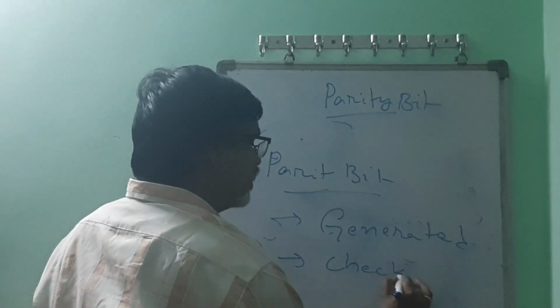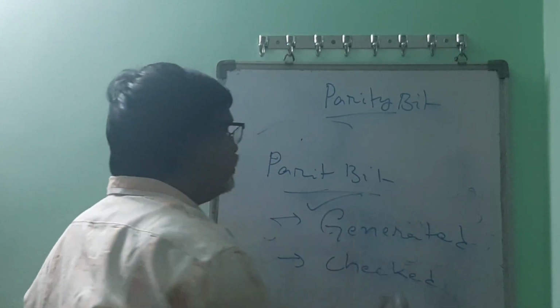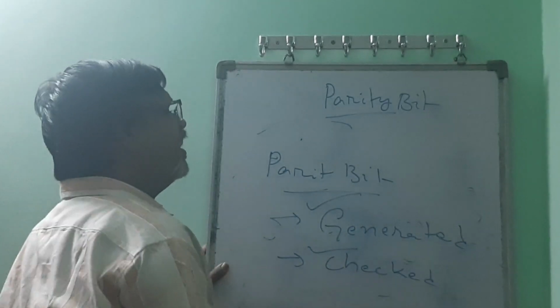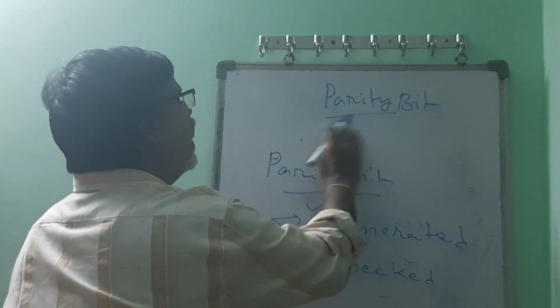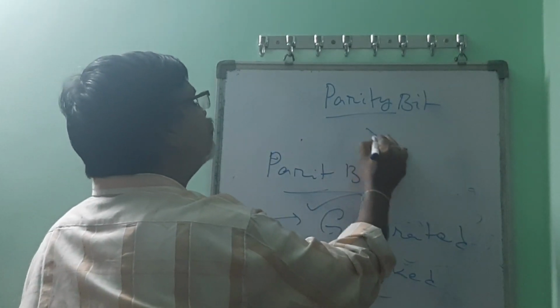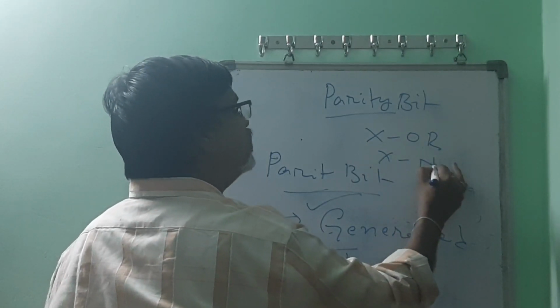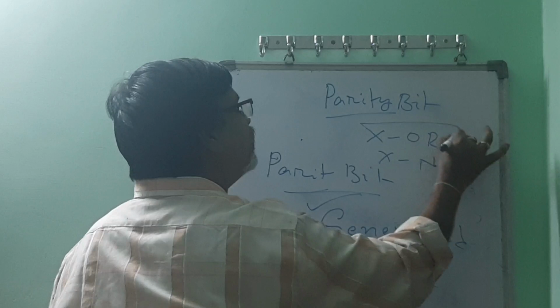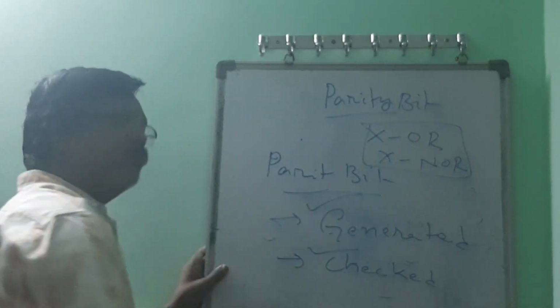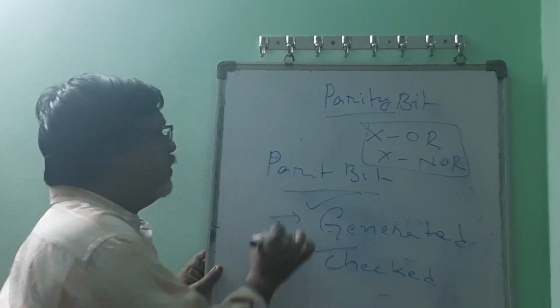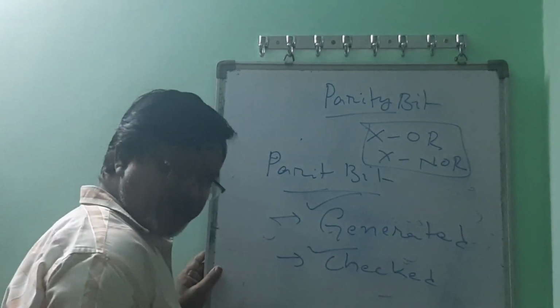For generating and for checking the parity bits, we use a logic circuit using XOR gates or XNOR gates. By using XOR or XNOR. Sometimes both the gates are also used in designing the circuit for the parity generator and parity checker.